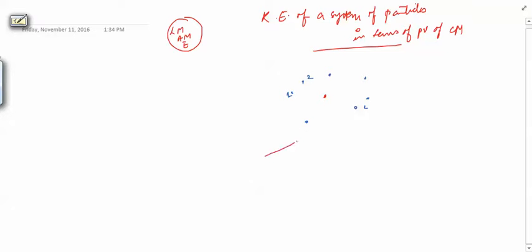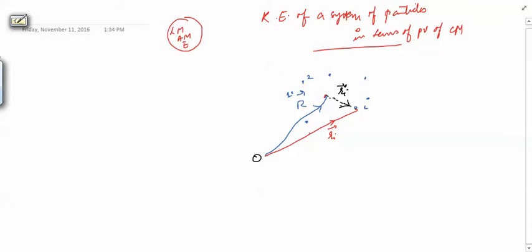Suppose this is the position vector of the ith particle, I'll call it Ri, and then you have the position vector of the center of mass, we will call it capital R. This is your origin, so Ri and capital R are position vectors with respect to the origin. And suppose this is your Ri dash vector, the position vector of the ith particle with respect to the center of mass.